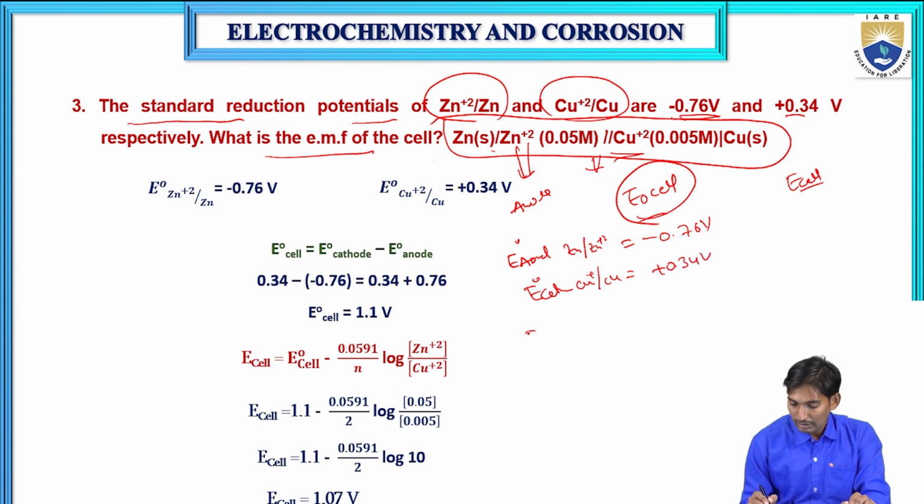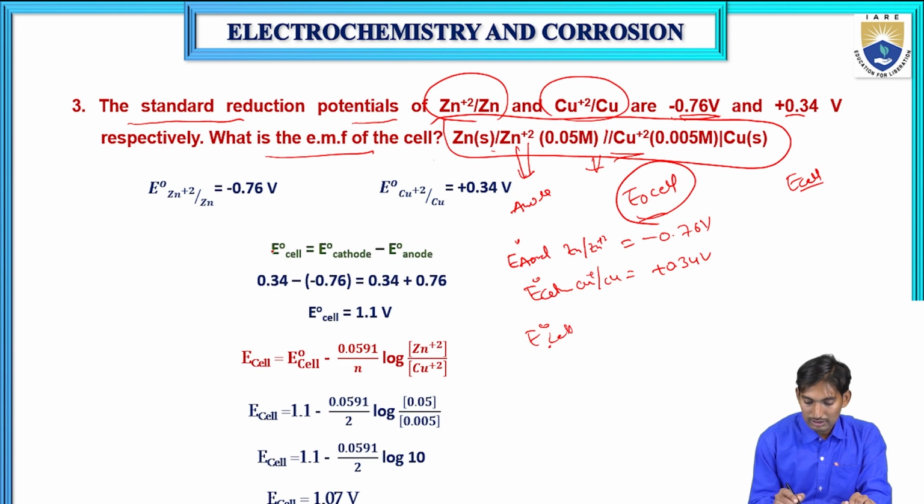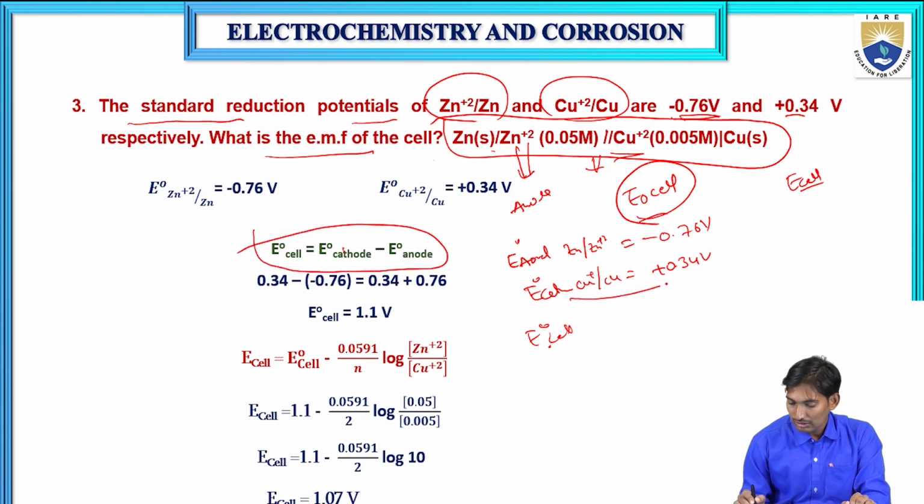What is E naught of the cell? E naught of the cell is E naught cathode minus E naught anode. Copper is the cathode in this cell. So 0.34 volts minus minus 0.76 volts. Minus into minus becomes plus, so 0.34 plus 0.76. The E naught cell becomes 1.1 volts.